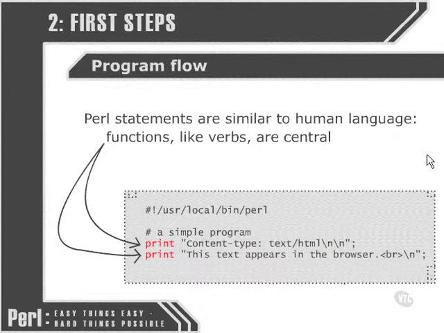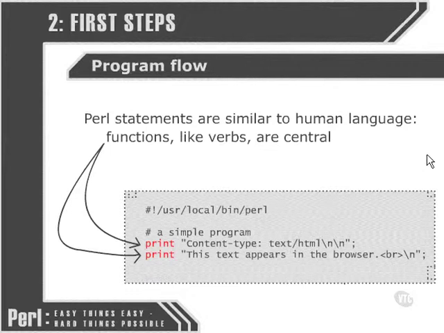There's also a lot of similarity between the structure of lines of Perl code and the human language. Functions, such as the print function highlighted in red here, are very similar to the way verbs function in the human language. With the human language, the verb is very central to a sentence, and all the other parts of the sentence fit around the verb.